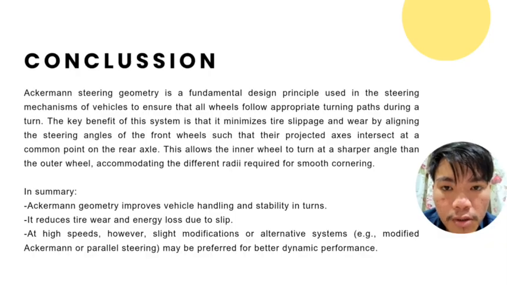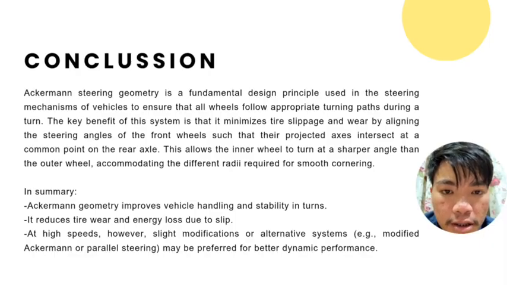For conclusion, Ackermann steering geometry is a fundamental design principle used in the steering mechanism of a vehicle to ensure that all wheels follow an appropriate turning path during a turn. The key benefit of this system is that it minimizes tire slippage and wear by aligning the steering angle of the front wheels such that their projected axes intersect at a common point on the rear axle.